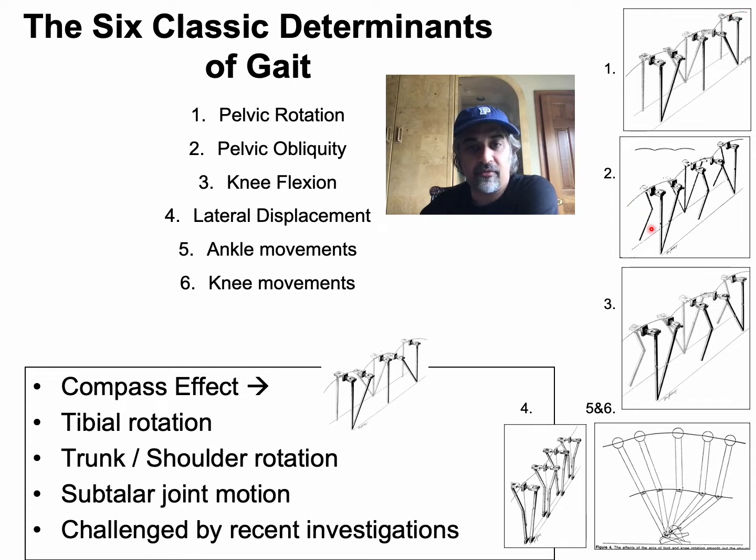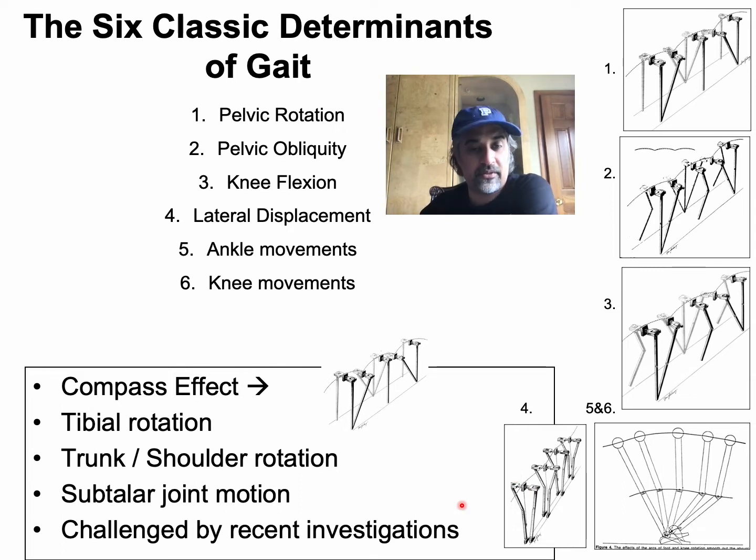If we add a knee joint in there, all of a sudden it changes the way the center of motion is moving. The more we add things like pelvic rotation, pelvic obliquity, lateral displacement, ankle movements, and knee flexion, the more it changes from what we call the compass effect to more like normal gait.